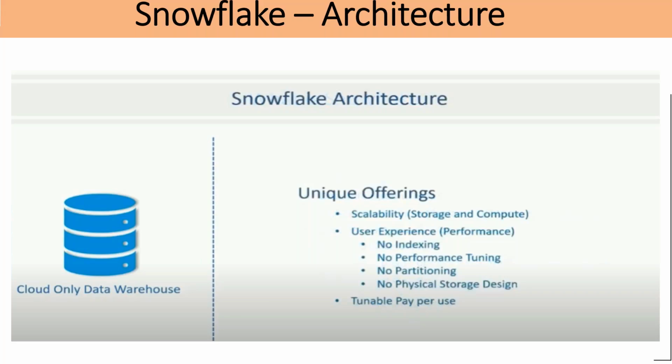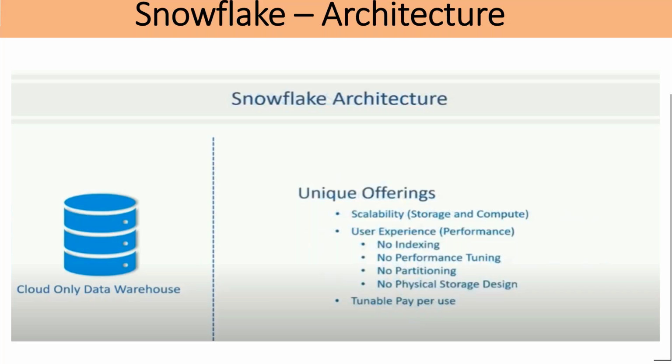So, scalability you can have on the fly whenever you need. These are the unique offerings of S3 bucket technology that Snowflake or AWS offers, or Snowflake which is hosted on AWS or any other cloud blob storage providers, offer these kinds of features.